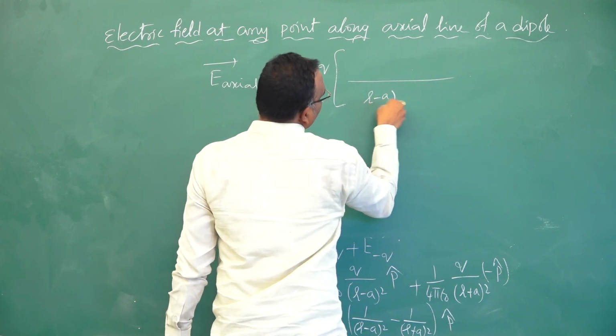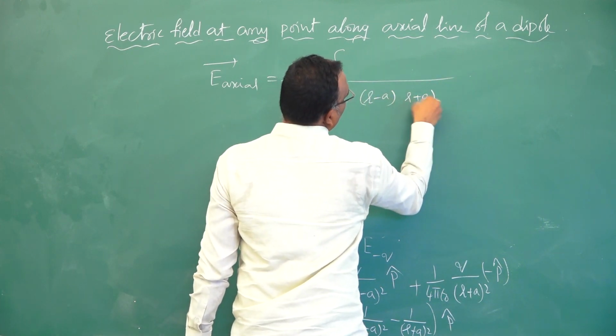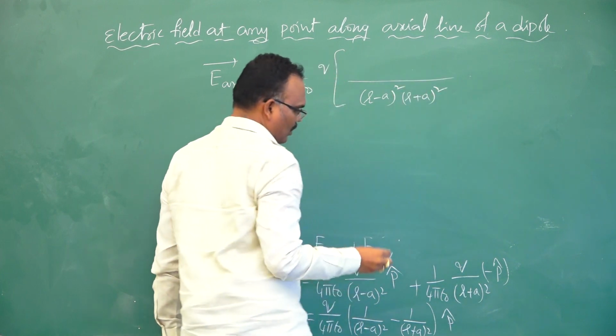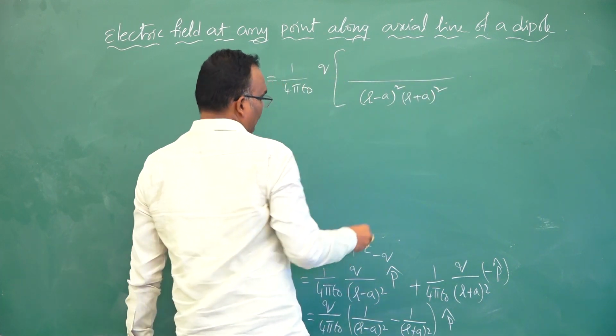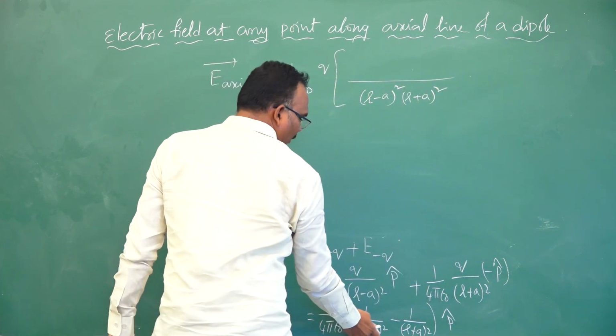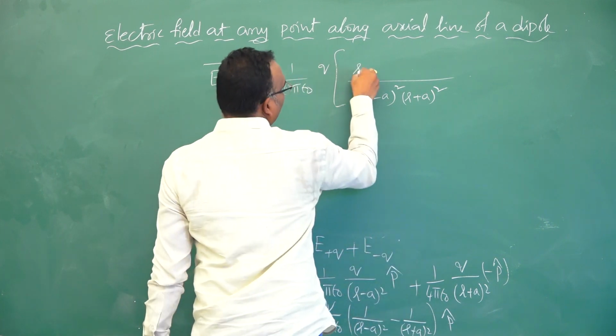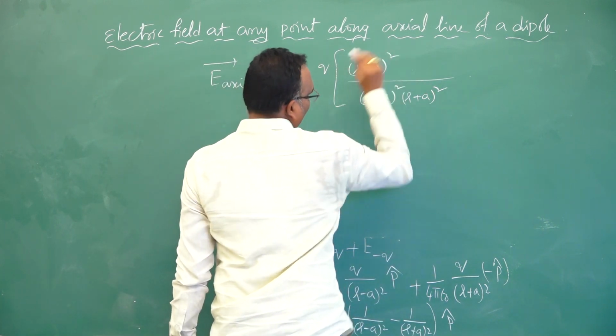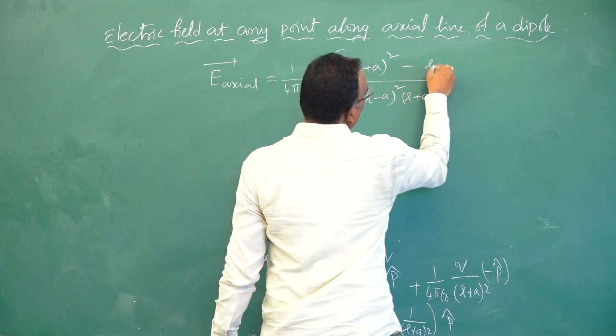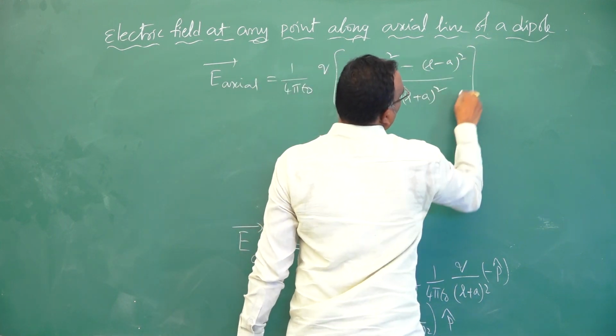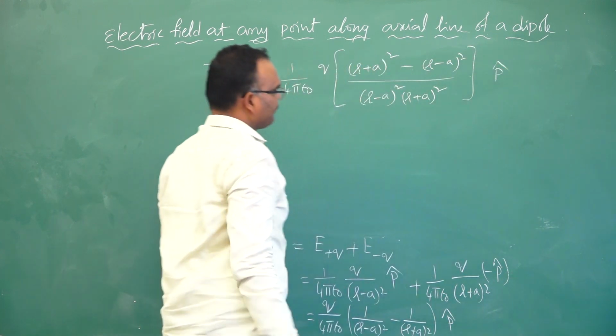LCM is (r minus a) into (r plus a) whole square. And here (r minus a) whole square is there, that's why here I will get (r plus a) whole square minus (r minus a) whole square into p cap.